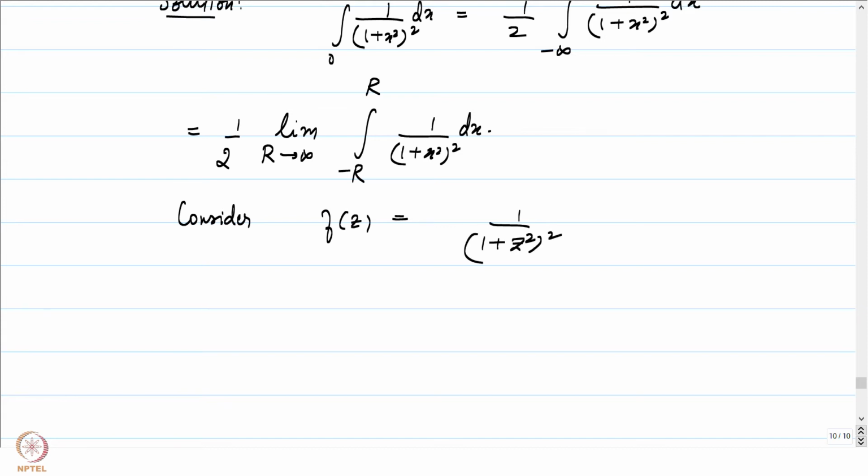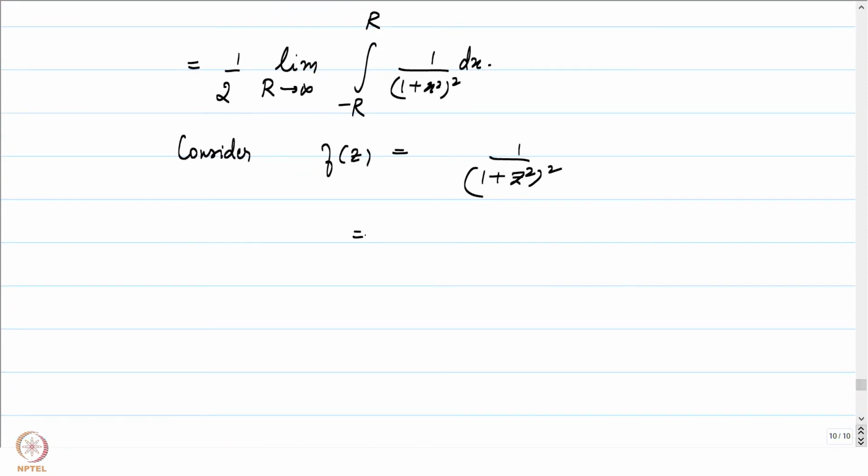There is nothing surprising with the function, it is just the function from above that we are interested in, and notice that this is just (z plus i) the whole squared into (z minus i) the whole squared. z squared plus 1 can be written as (z plus i) into (z minus i), and this is precisely what we are interested in, right.